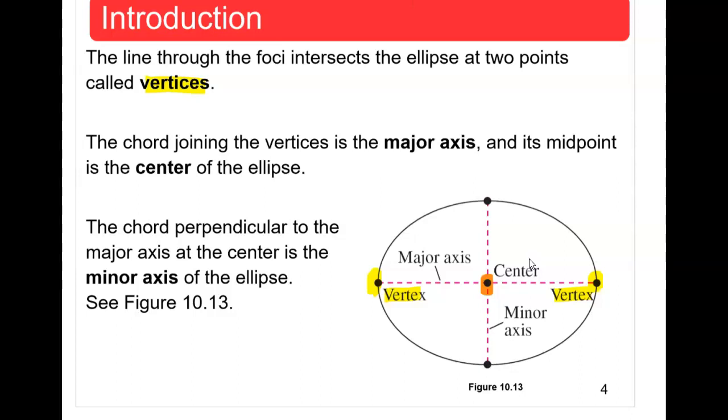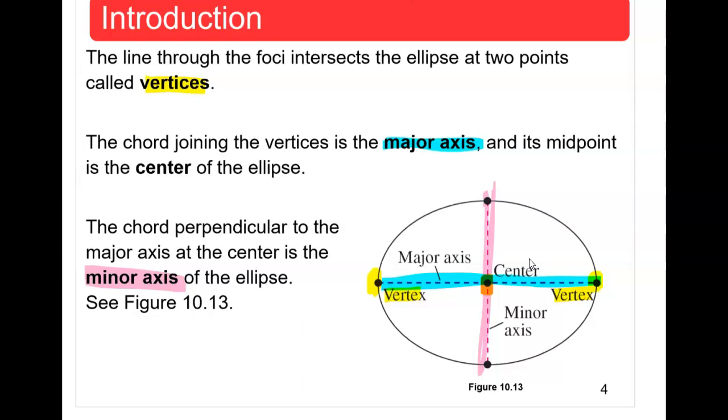In this case, you could see that the major axis is going to be the vertical axis, right there. Now, the minor axis is going to be here. For a circle, both the major and the minor axis happen to be the same, and they have a name in common. It's called the diameter. But here we're going to have a minor and a major.